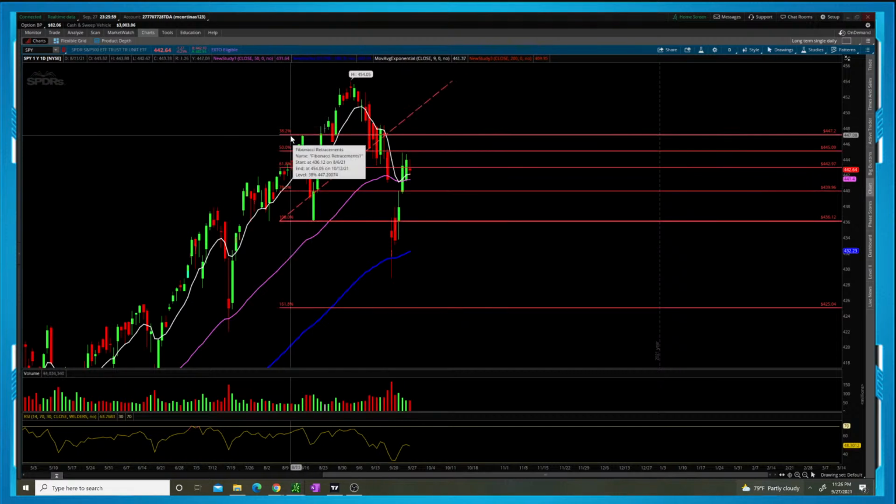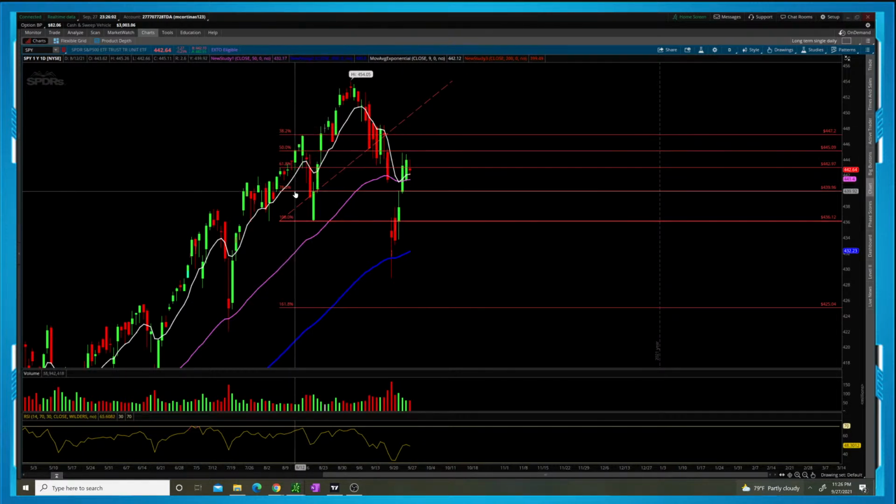So if I know that 38%, 61, and 78% are key levels to watch, so do these other traders. Everyone will have their own opinion, but we are using the same information to make our decision. That's what makes these work, the technical analysis aspect.